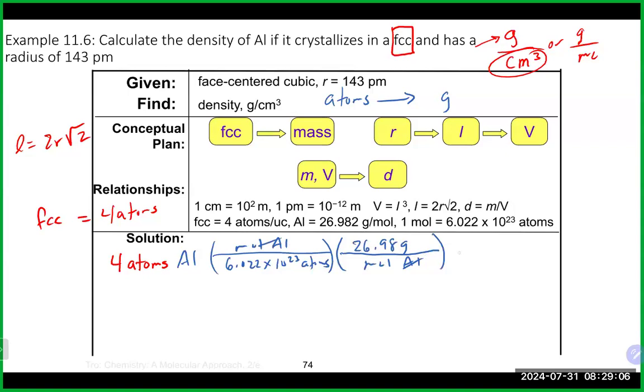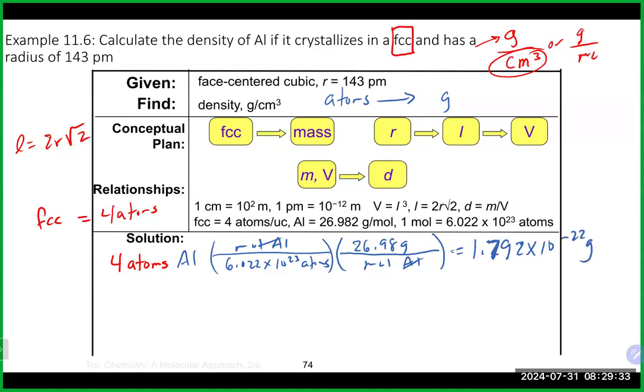So our moles of aluminum cancel, and we end up with 4 times 26.98 divided by Avogadro's number. Make sure you use your exponent. That's going to give us, if I can read my calculator, 1.792 times 10 to the minus 22 grams.